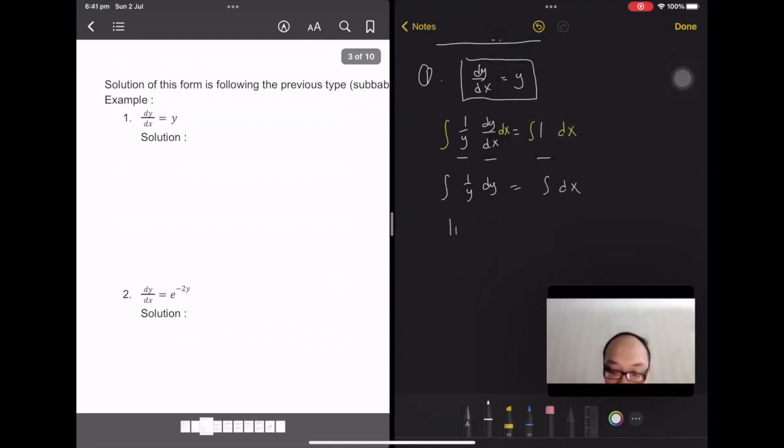The left side is ln y, and the right side is x plus c. C here is the combination of C2 minus C1, so we can just ignore C1, C2, or any other constants. We just call it constant C.